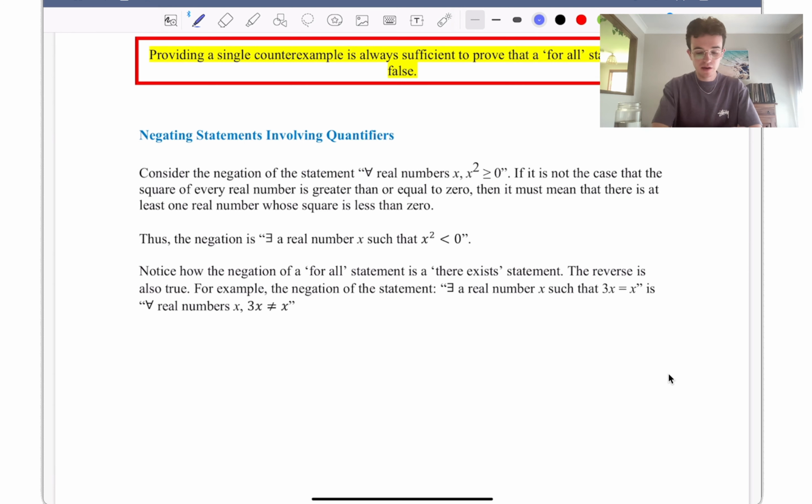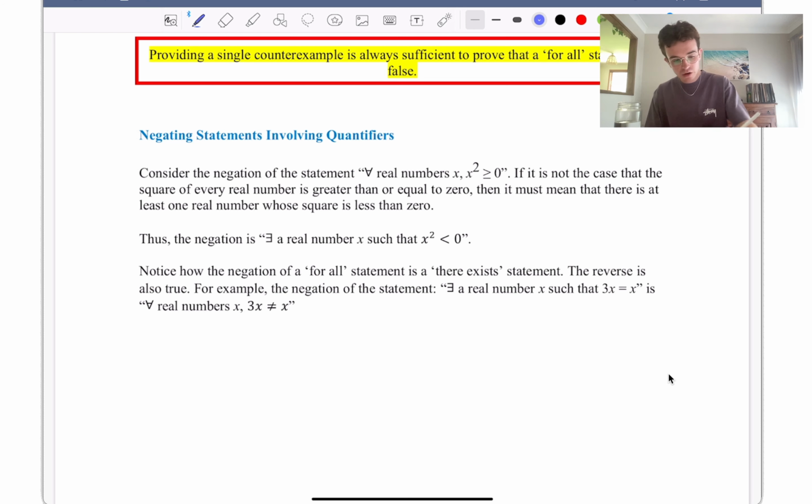Okay, negating statements involving quantifiers. So consider the negation of the statement for all real numbers, x squared is greater than or equal to 0. If this is not the case, that every squared real number is greater than or equal to 0, then it must mean that there is at least one real number whose square is less than 0. Now we know that's not true, but we can still negate a statement and get some expression, it's just a false expression.